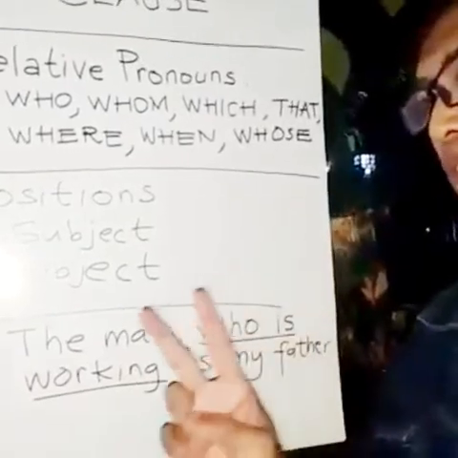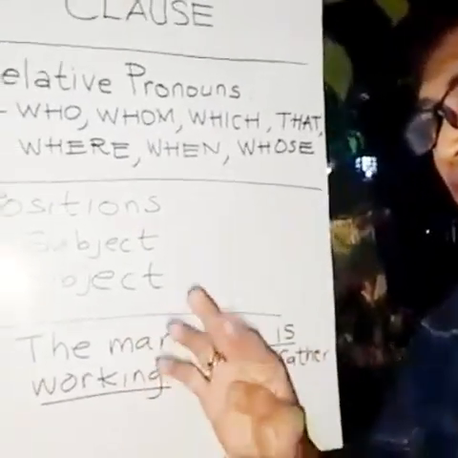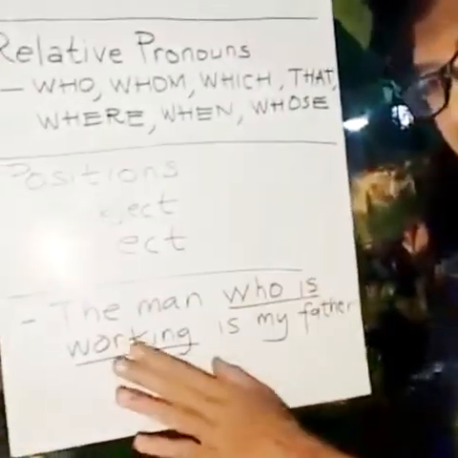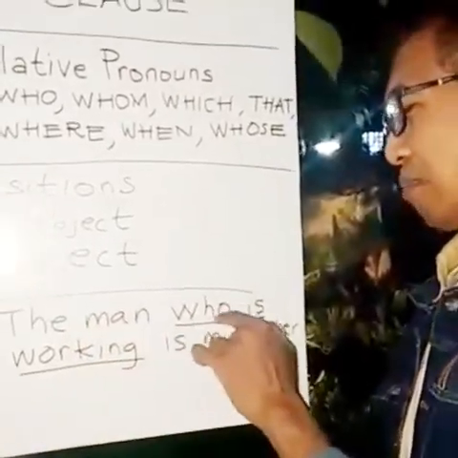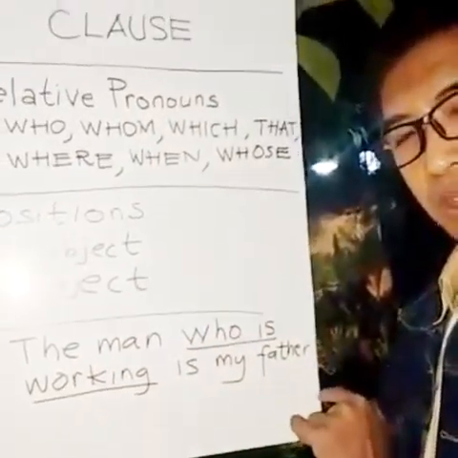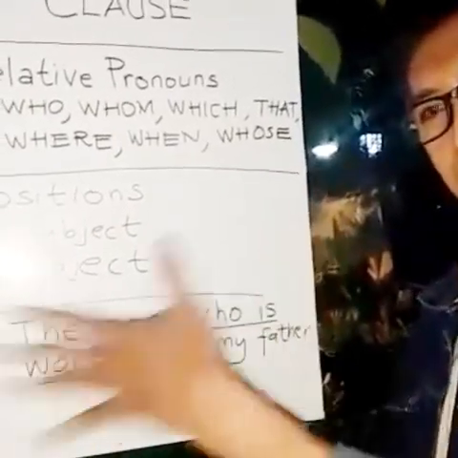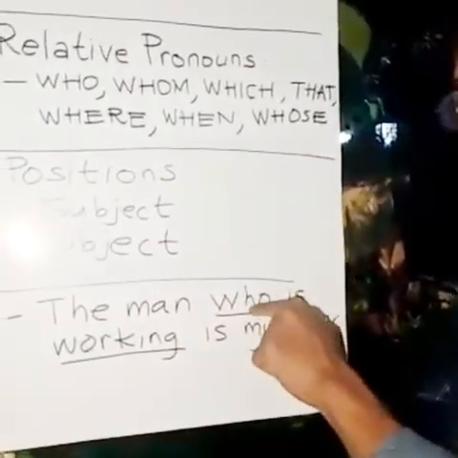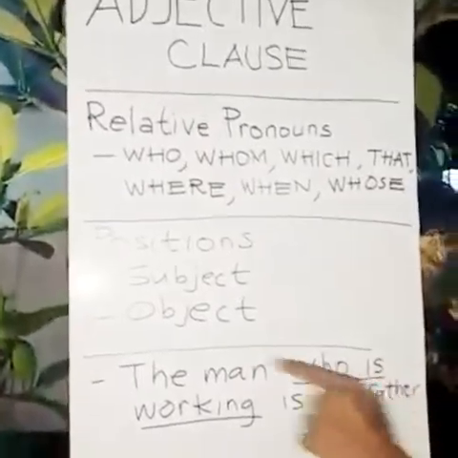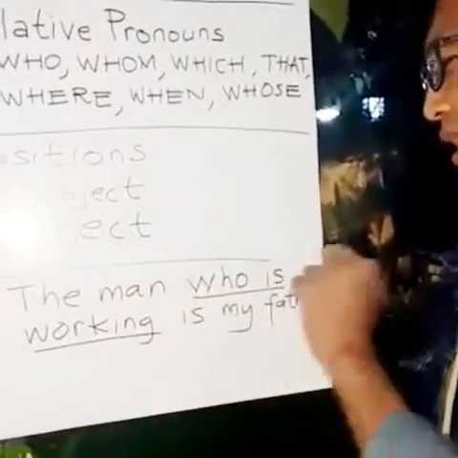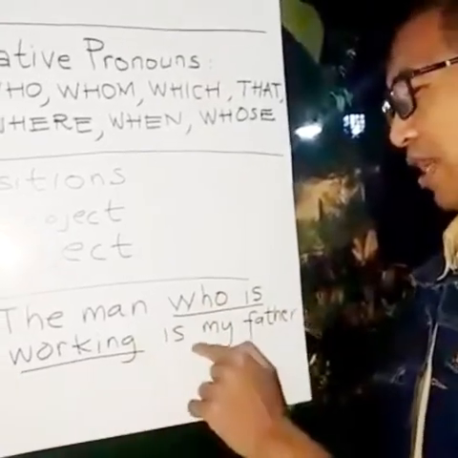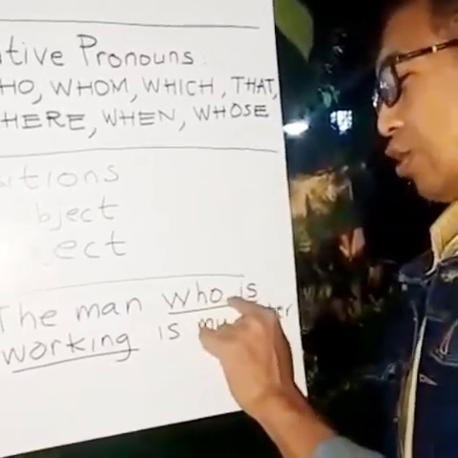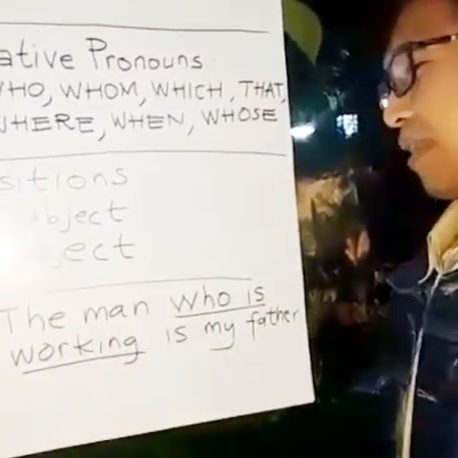Because we have two subjects, the man, twice, but referring to only one person, it is impossible to say the man is working is my father. That's why we omit, we delete the second subject and replace it with the relative pronoun who. The man who is working is my father. Who is working is subject because it is used for modifying the subject, the man.